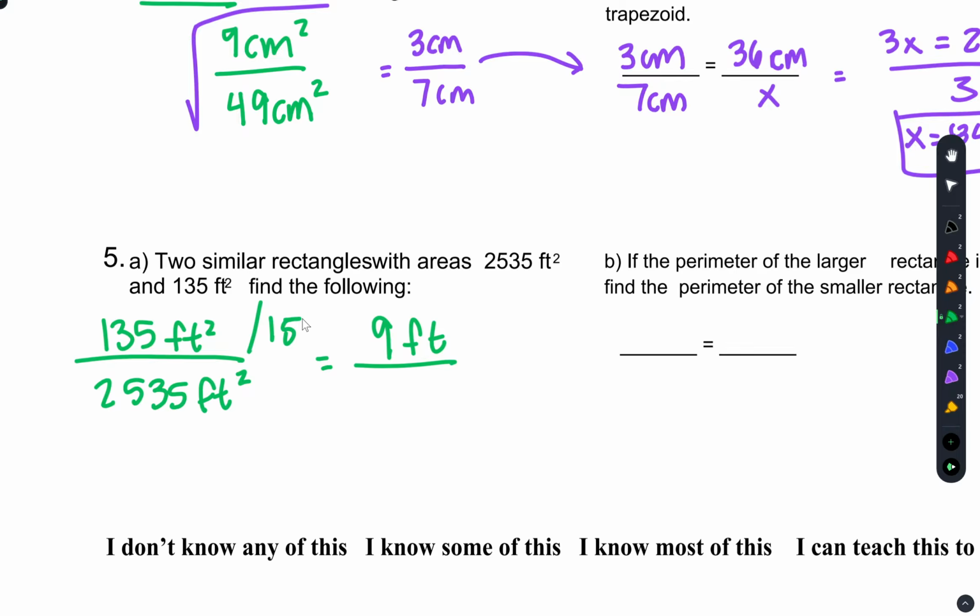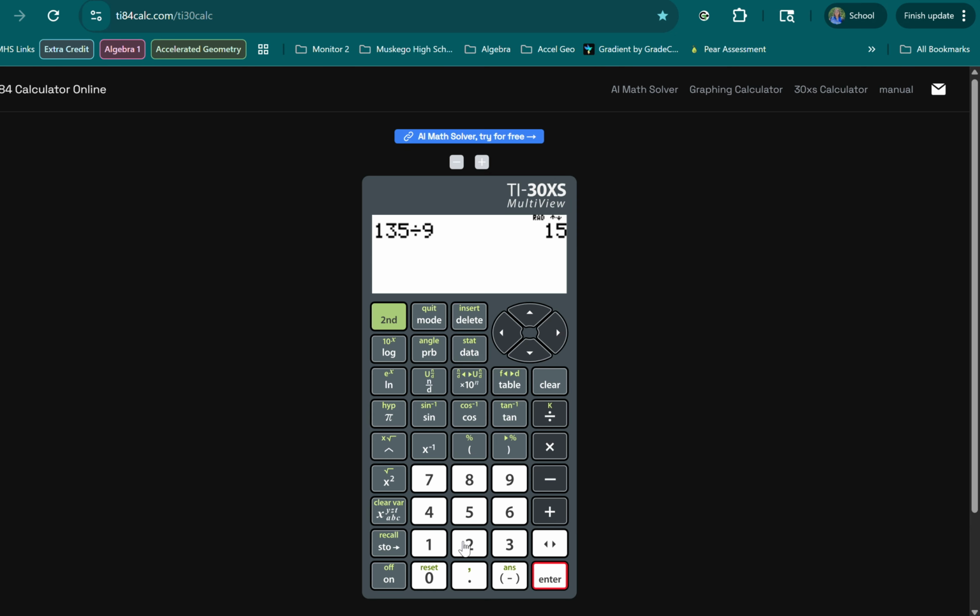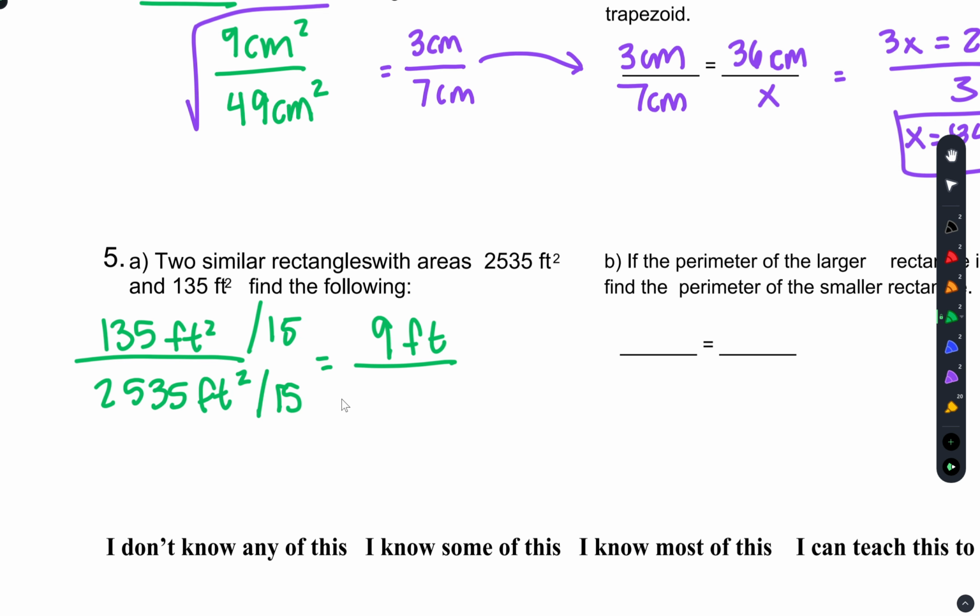That means I'm not going to divide 2,535 by 9. I need to divide it by the same thing, by 15. 2,535 divided by 15. We're going to hope this gets me a nice perfect square as well. 169 is a perfect square, so I know that I'm good to go here.